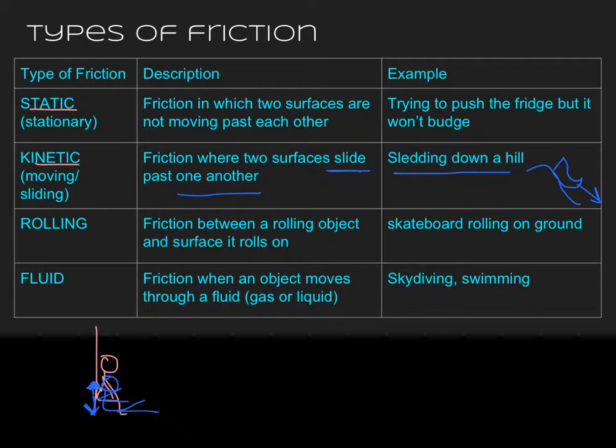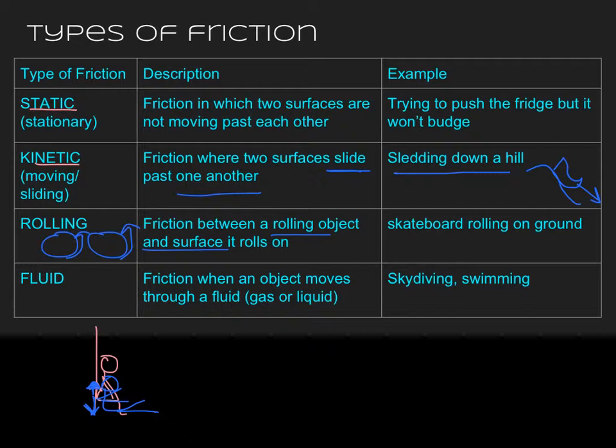The last one, the second to last one is rolling friction. So if you've got tires and they roll, then that is what we call rolling friction. And so this is actually a little bit weaker than kinetic friction.